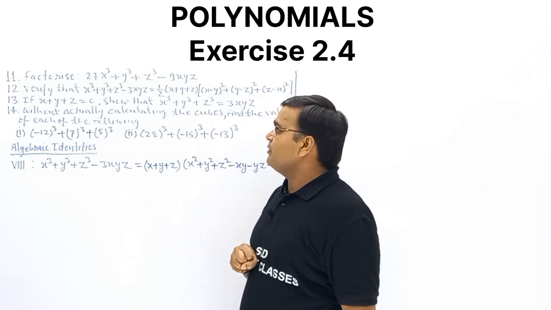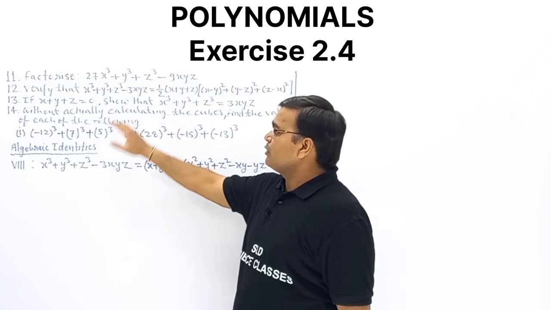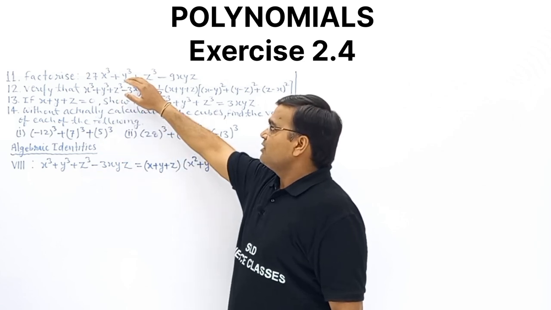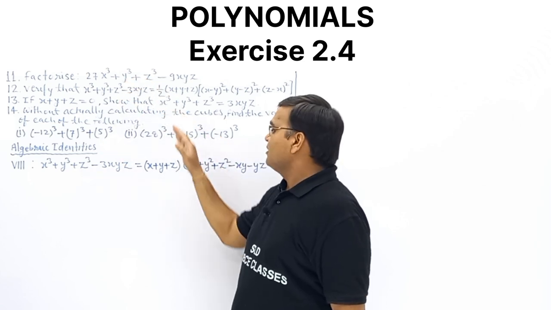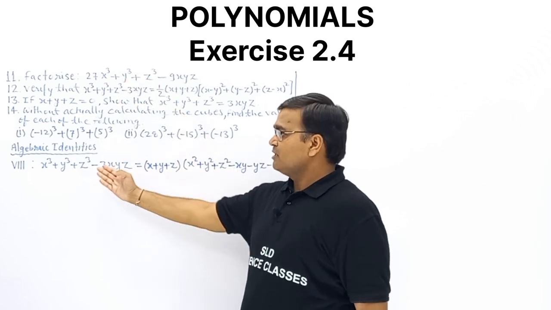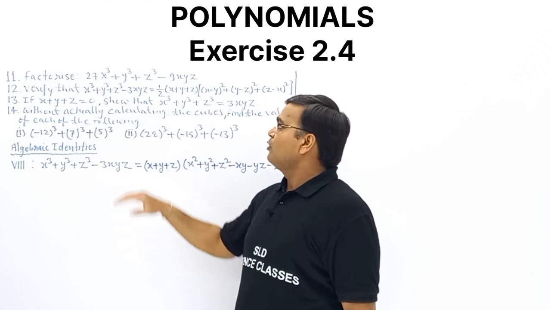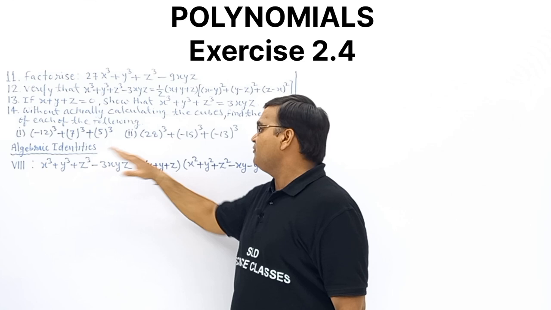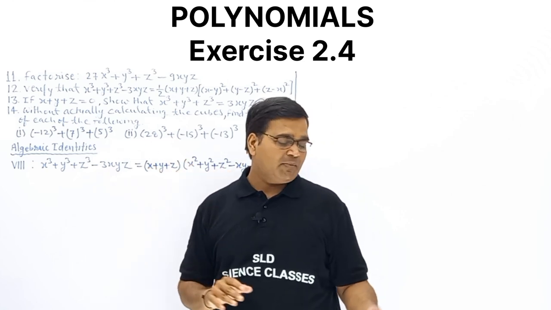By observing, it is looking like this one, yes or no? These are the factors of this identity. So first we convert this into the general form, then we will expand.